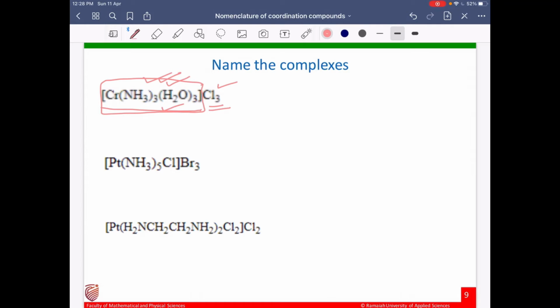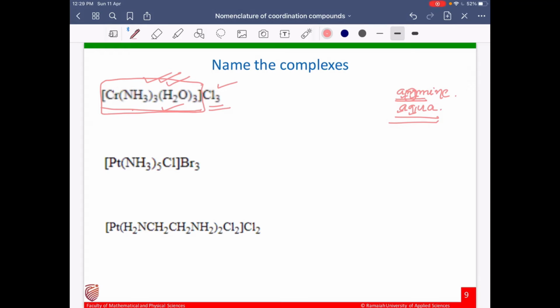Two ligands are there. One is ammonia, which we call ammine, and H2O we call aqua. In alphabetical order, both start with A, but ammine has M and aqua has Q. So M comes first before Q. So definitely first we have to write ammine.